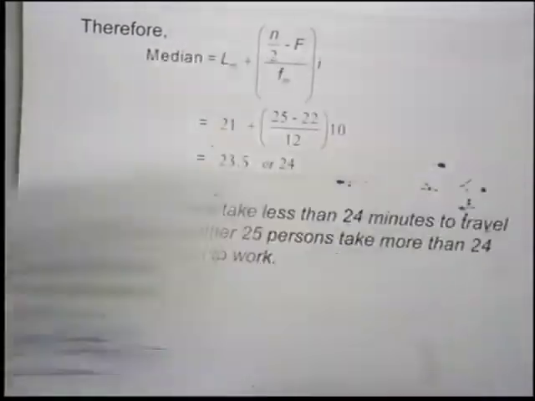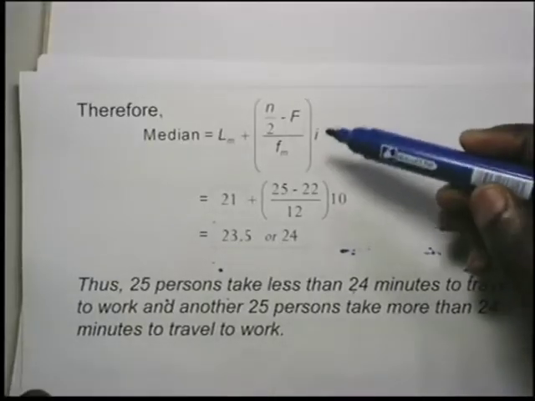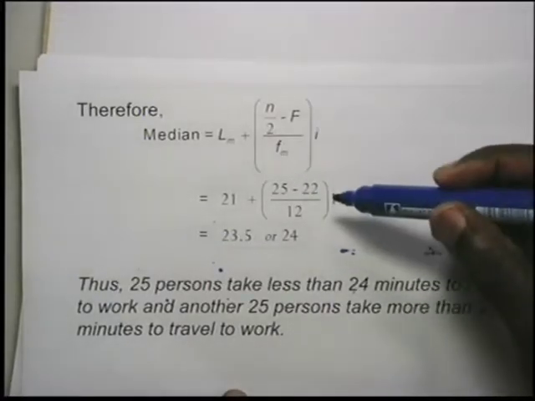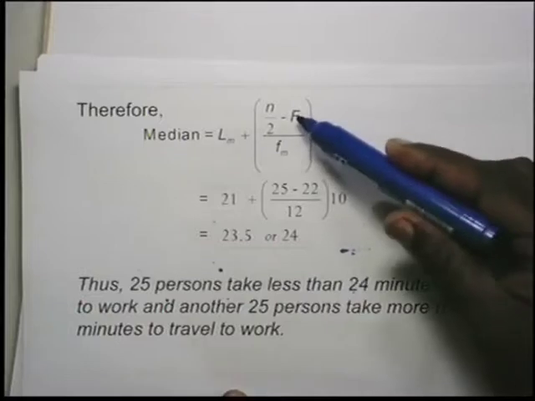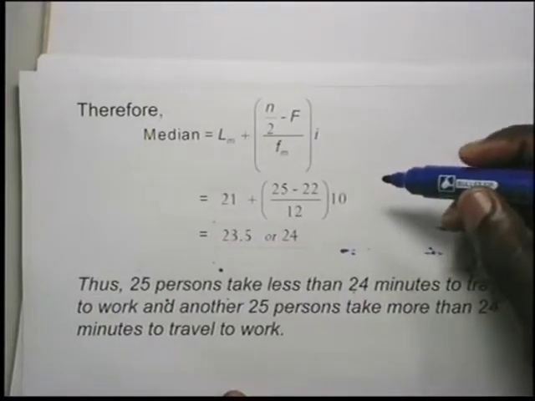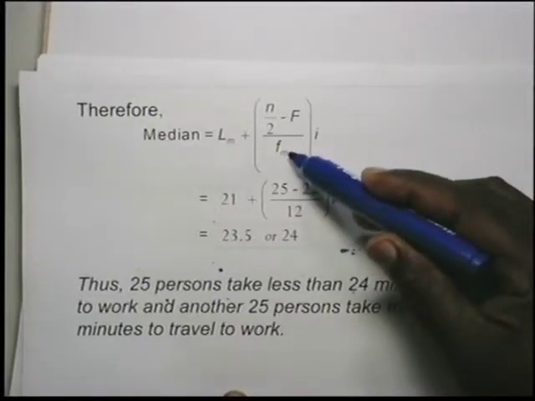Now, let's go back to our formula. We've said the median is equal to LM plus N divided by 2 minus F, capital letter F, which stands for the cumulative frequency just before the median class, divided by the frequency of the median class.